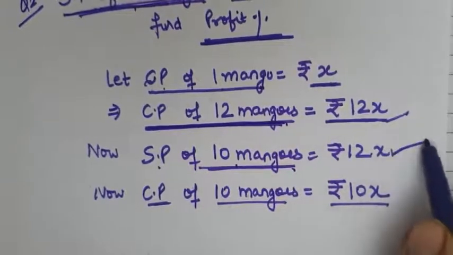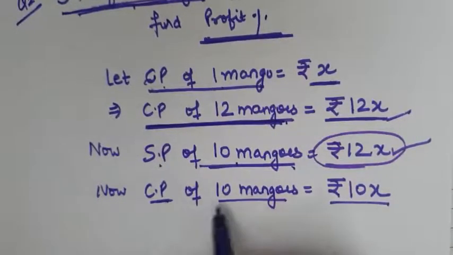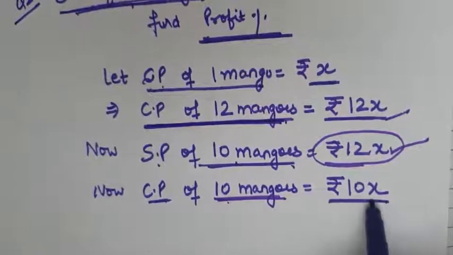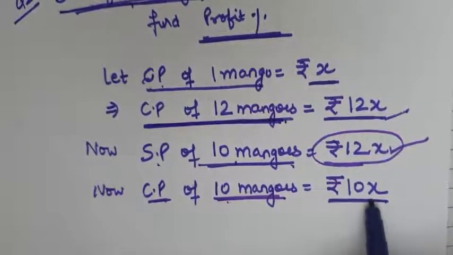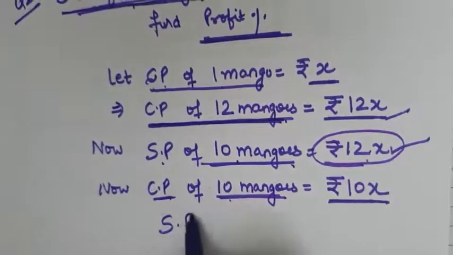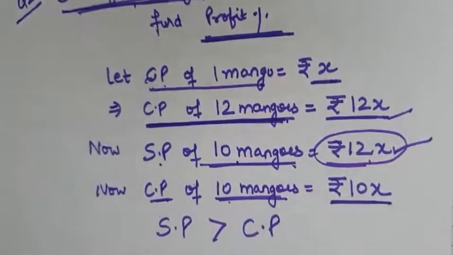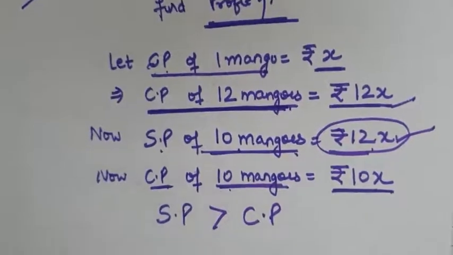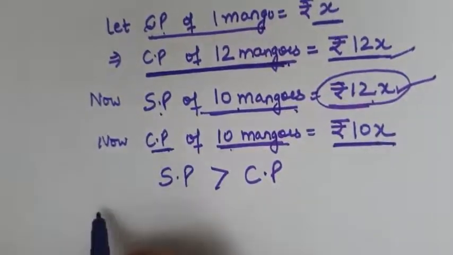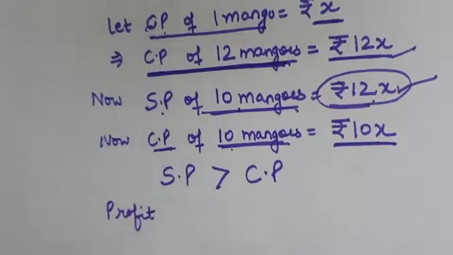The selling price of 10 mangoes is 12x and the cost price of 10 mangoes is 10x. So which is greater according to you? Yes, it is very clear that selling price is greater than cost price. So whenever selling price is greater than cost price, we always have a profit.